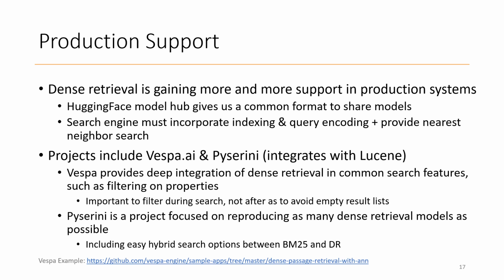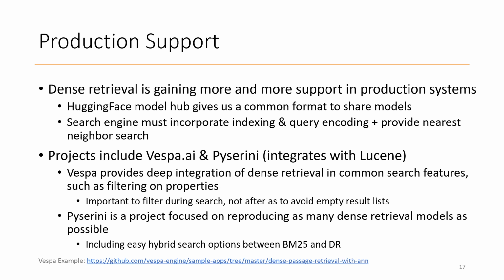Vespa is a full-fledged search engine which provides deep integration of dense retrieval models with common search functionality, such as applying additional features, additional filtering on properties or so. We want to filter during search and not after search, because if we filter after search, we might be left with empty result lists or need to go back to the nearest neighbor search to get more results back.